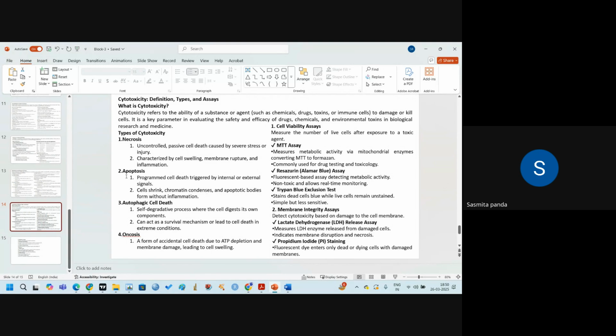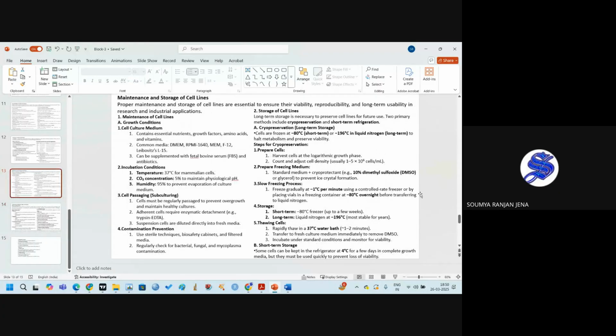Then, Sir, what is DMSO? DMSO is a chemical we use as a cryoprotectant. It will not freeze the cells, because cells contain water molecules. Sir, you know that a cell has 70% water, and this 70% water can turn into ice crystals, and if we form ice crystals, the cell will become brittle and break down.